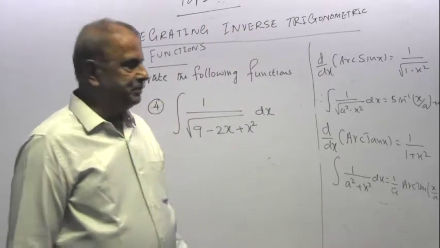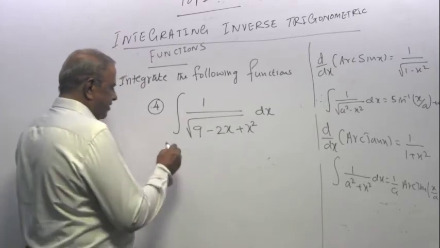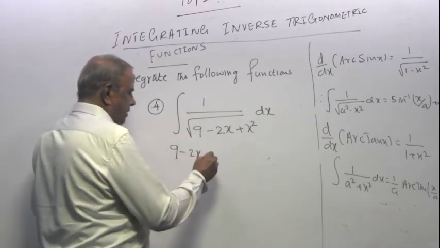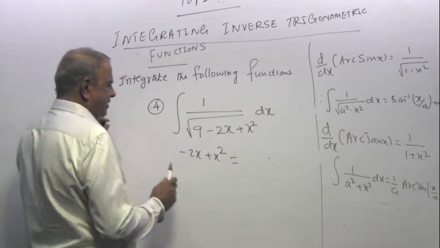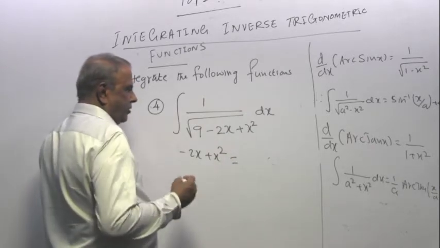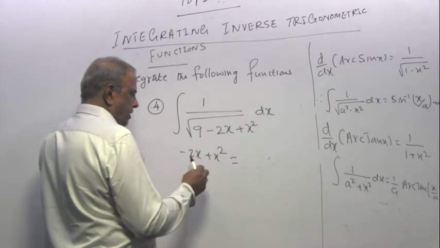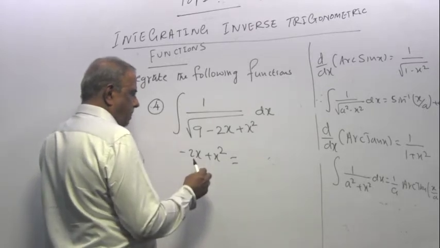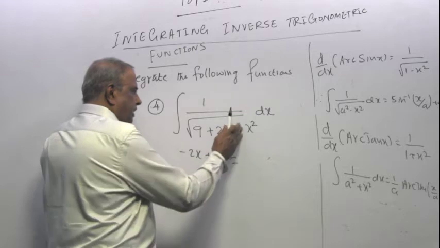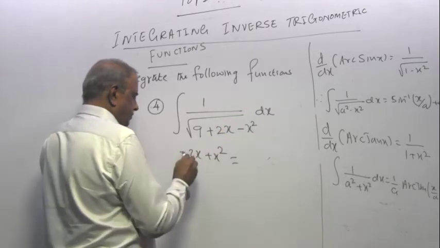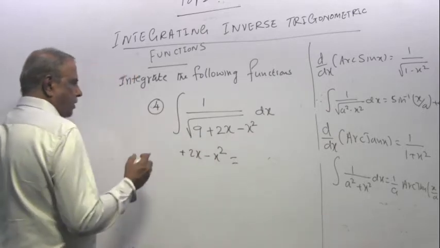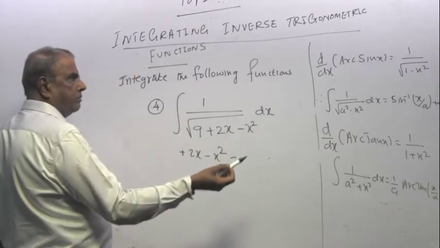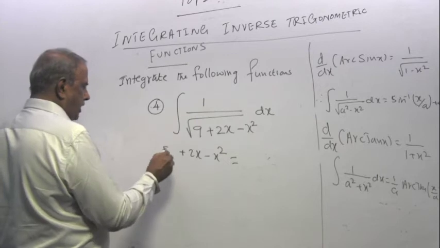But why? I can complete the squares. Oh, sorry. It is 9 plus 2x minus x squared. So I will put a minus 1. So I'll put it as 8.